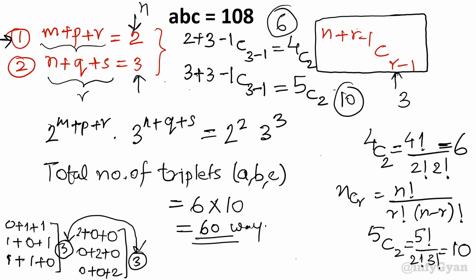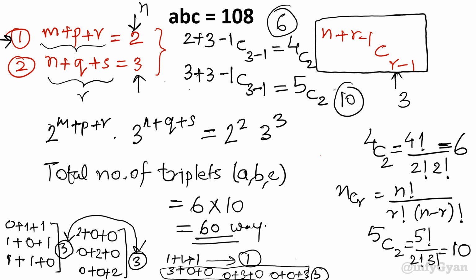You can find 1 plus 1 plus 1, 3 plus 0 plus 0, 0 plus 3 plus 0, 0 plus 0 plus 3. So you get 4 cases, and you can find 6 more by taking 0 plus 1 plus 2, 0 plus 2 plus 1, and likewise with the 0 fixed in other positions, 1 plus 2 and 2 plus 1.